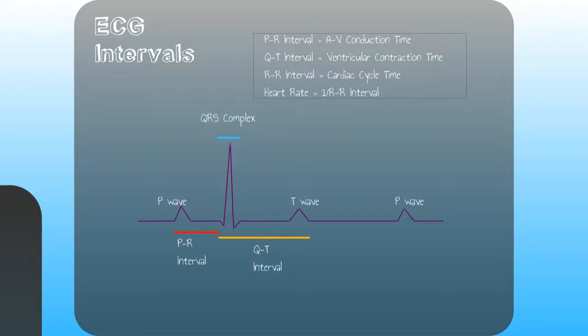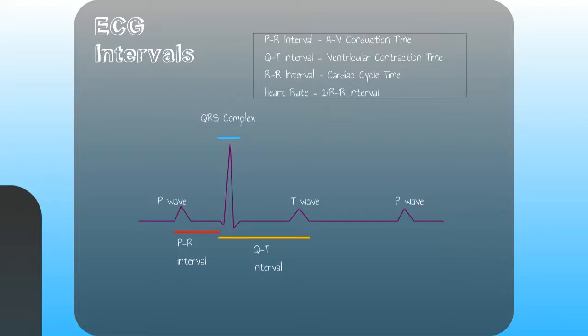From a practical perspective, what you need to know is, well, number 1, this varies with the heart rate. So the faster your heart rate, the shorter your QT interval. And there are lots of formulas available to correct for heart rate. Now, most ECG machines will automatically present the QTc, the corrected QT interval.